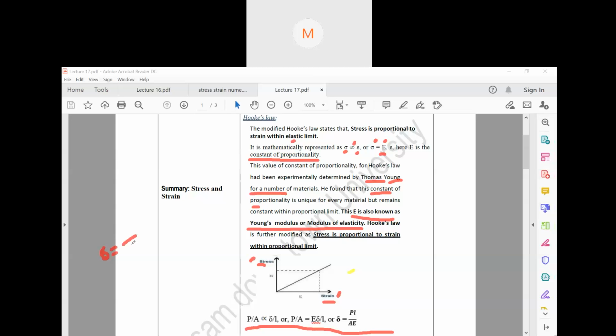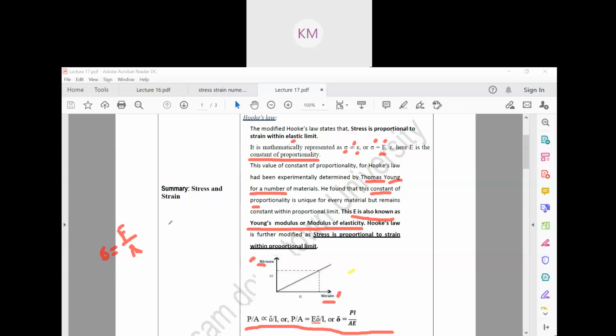Change in length by original length. This is strain. This is not stress. Oh, stress. Wrong. Sorry. I'm asking about stress, not strain. Force per unit area. Good. Very good. Stress is force per unit area. Stress is force by area.